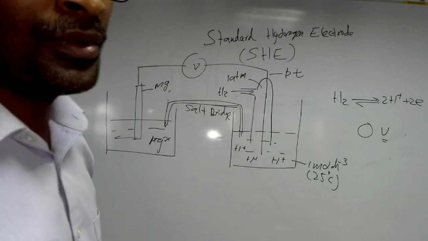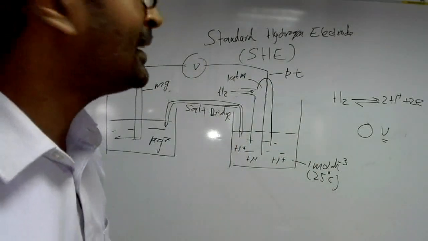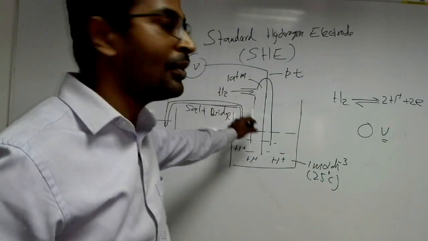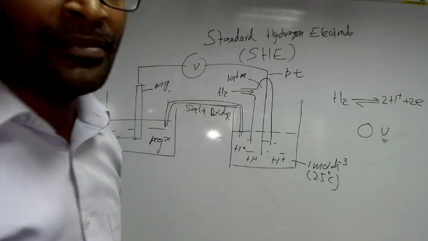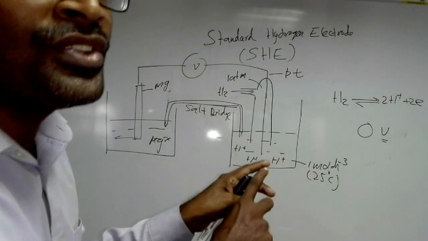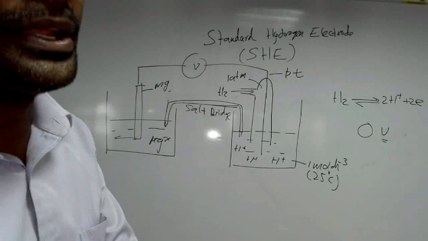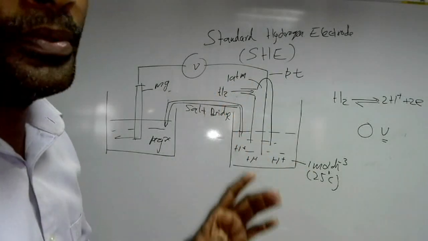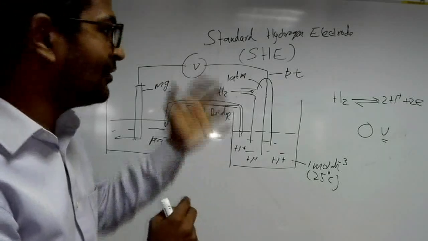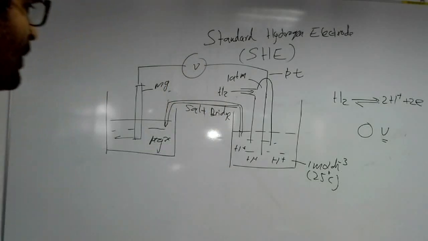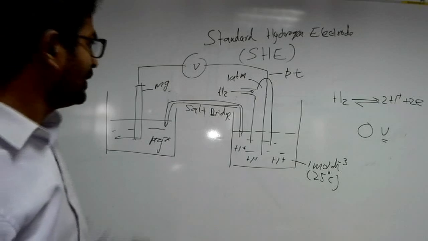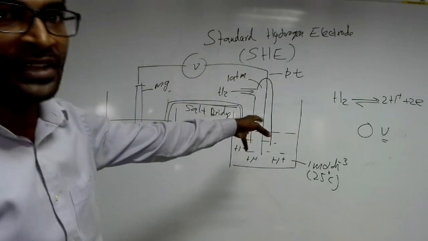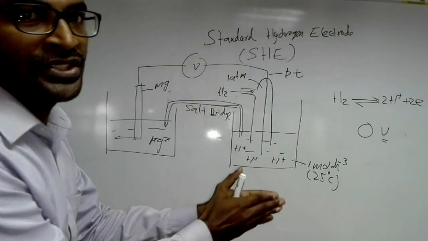standard hydrogen electrode. When we connect the standard hydrogen electrode to this magnesium ion electrode, it is called a standard magnesium ion electrode. In the same way you can use a standard copper ion electrode: when you connect it to the standard hydrogen electrode, it forms the standard term.